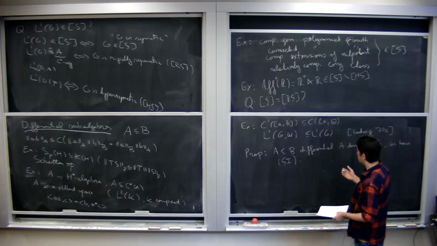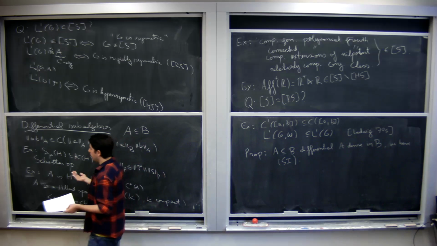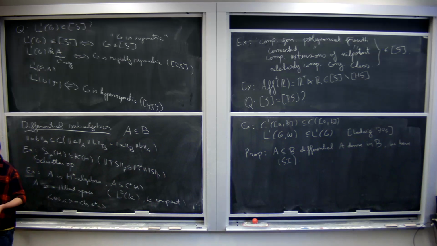Actually, one of the reasons that this type of algebras are studied is because, as I mentioned, spectral invariance is kind of a qualitative thing, but this also gives you some estimates on the functional calculus.